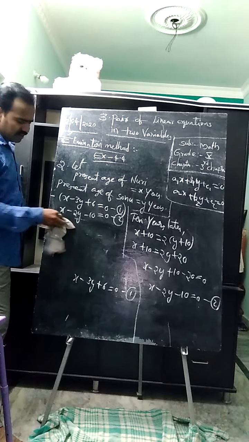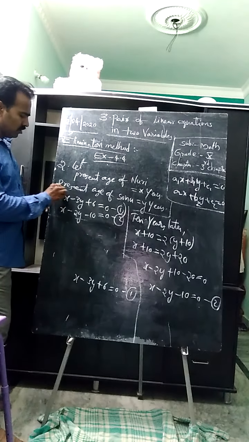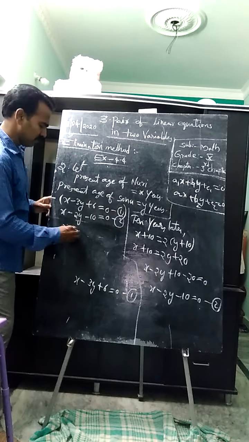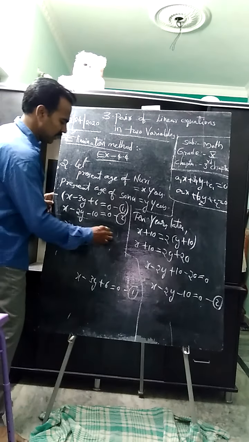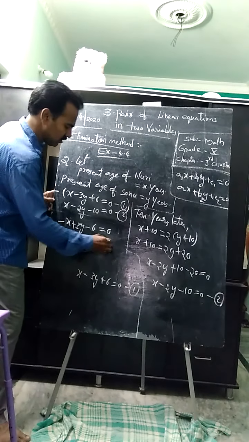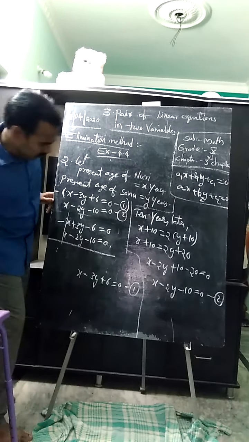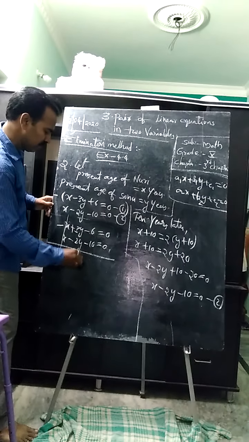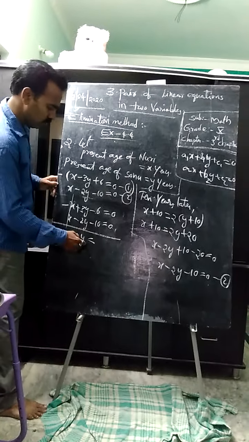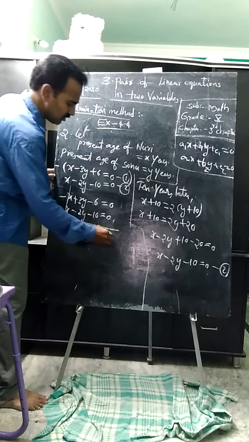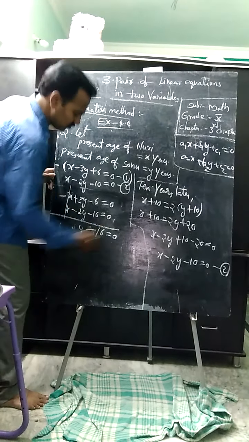So multiply the first equation or the second equation, either one, by minus 1 to change the signs: minus into plus, minus into minus plus. The next equation remains as it is. x gets cancelled, the x variable is eliminated. So we have the y variable: 3y minus 2y is y. Again we have minus 16 equal to 0, so y equals 16.